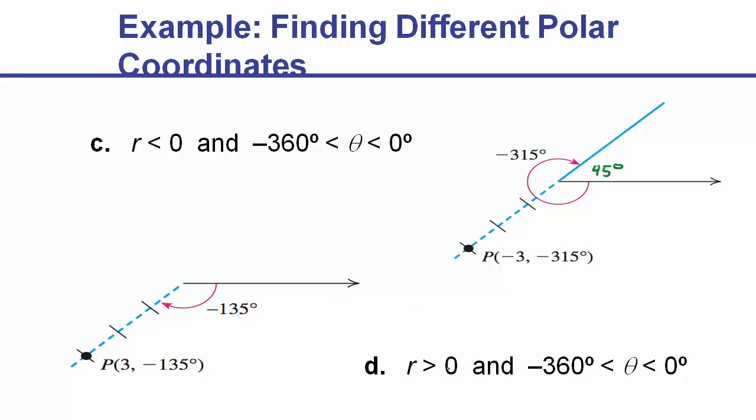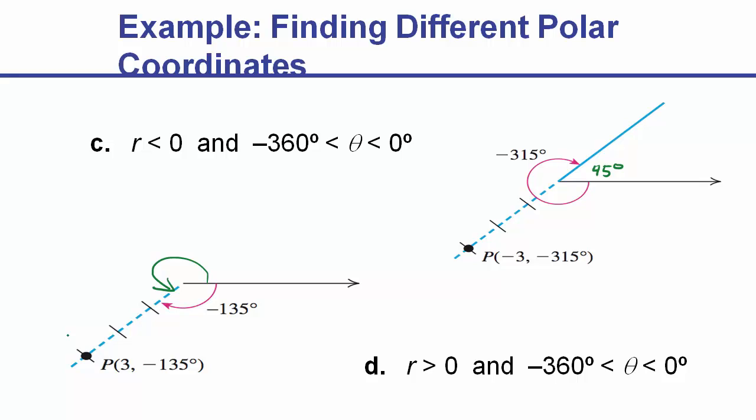Easy. If we want to let r be positive, so we now need to face in this direction so that we can walk towards the point instead of backing up, right? And we want a negative angle, then instead of going around here to 225, the leftover bit, if you do 360 minus 225, you get 135, and that just means we do 135 in the other direction, which is a negative direction, and then we walk forward by 3.